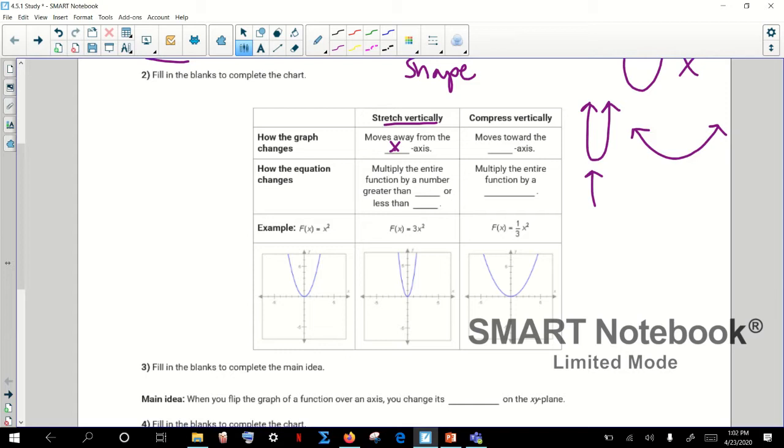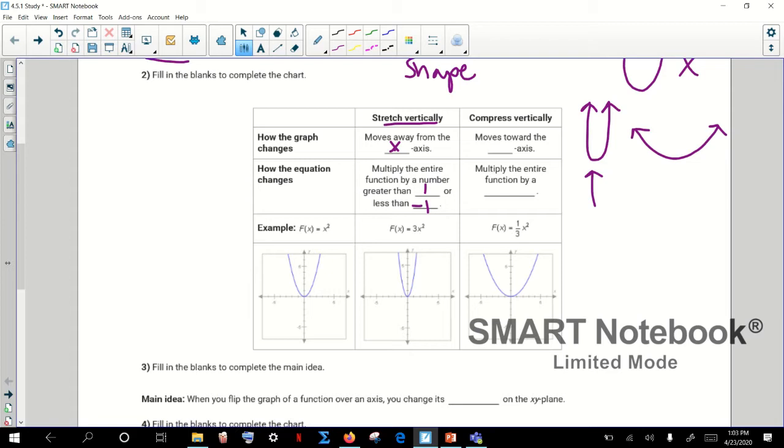Because the sides are kind of lifting up. So that's how the graph changes. How the equation changes: you multiply the entire function by a number greater than 1 or less than -1. So it just has to be a number bigger than 1 or less than -1. In other words, it can't be 0 and it can't be a fraction.